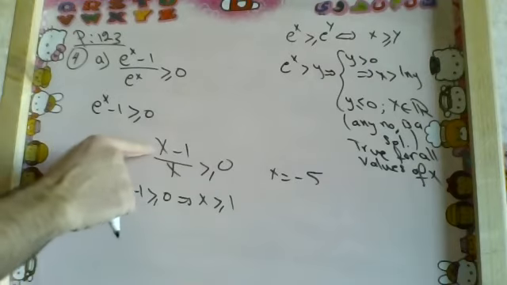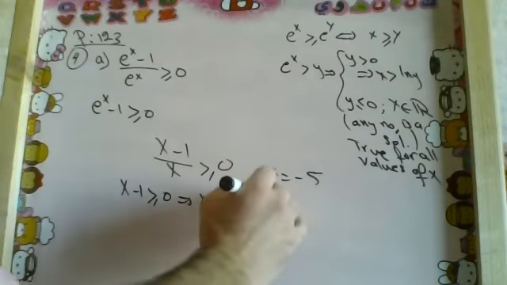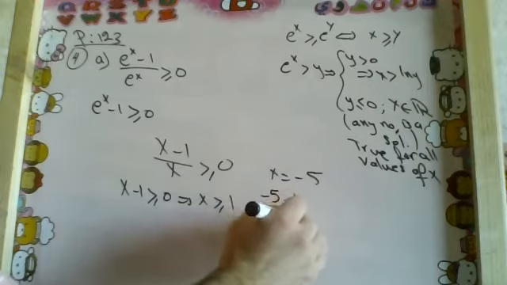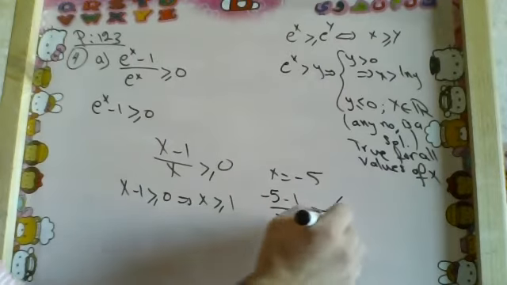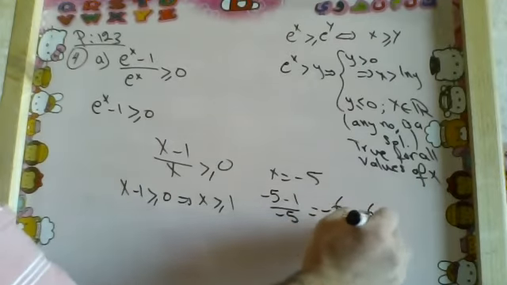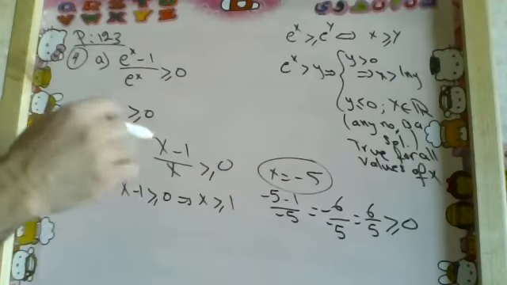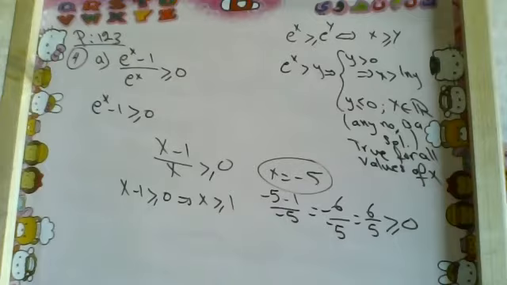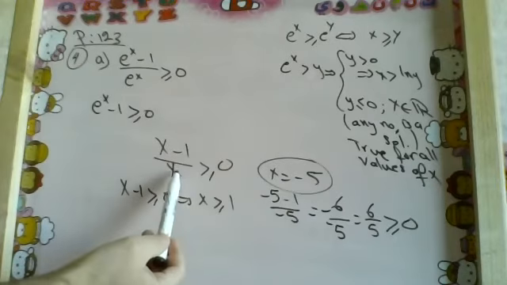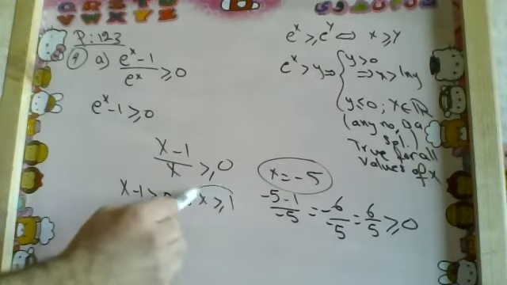No. If you replace x by negative 5, you'll get negative 5 minus 1 over negative 5, which is negative 6 over negative 5, which is positive. It's greater than 0. So negative 5 is a solution of this inequality, and it doesn't satisfy what you said.